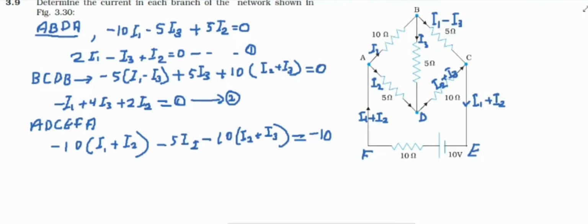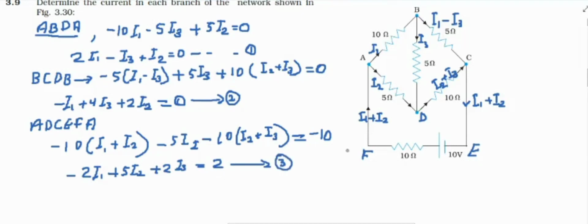Then simplify the equation. You will get minus 2 I1 plus 5 I2 plus 2 I3 equal to 2. So take it as equation 3.